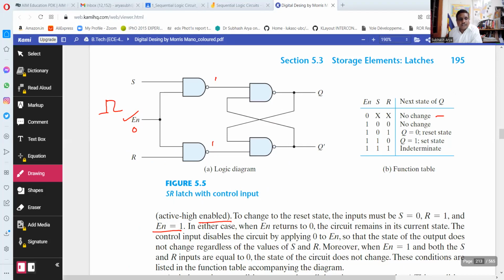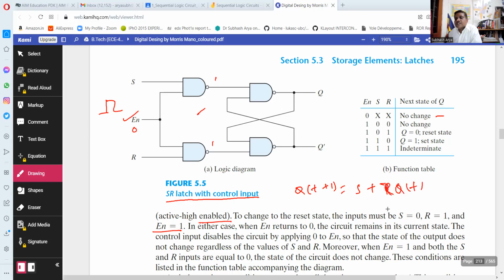So let us see. Yes, you are able to see that one only. Here the same diagram is there, the SR-Latch with control input, this is basically the SR-Flip-Flop. As I told you, Qt plus 1 is equal to S plus R bar Qt.